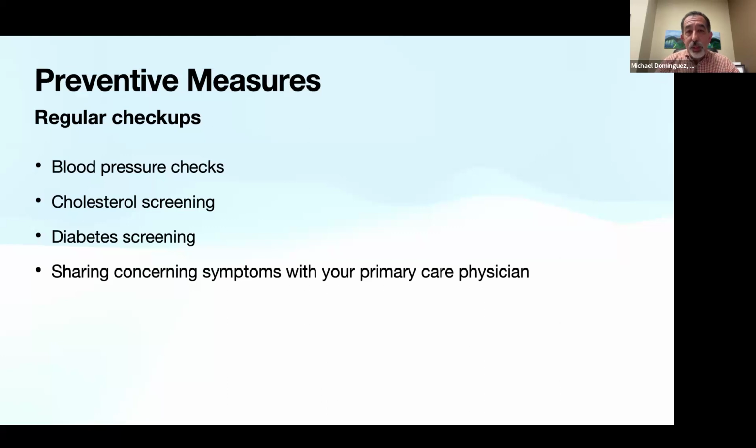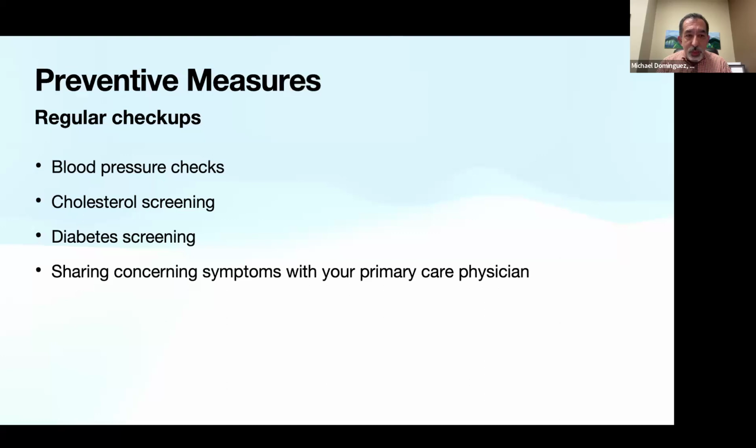There are some providers that check cholesterol frequently. The current recommendation is that yearly to even every 5 years, if things are stable, is perfectly appropriate. Again, diabetes screening, based on age, based on weight, based on family history, very important to keep an eye on that to reduce your risk of developing diabetes.